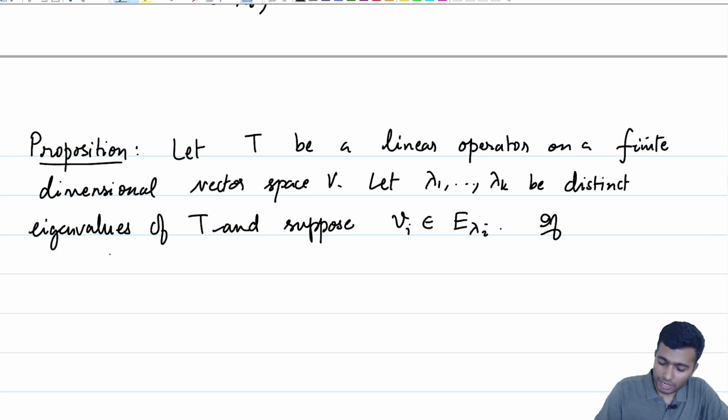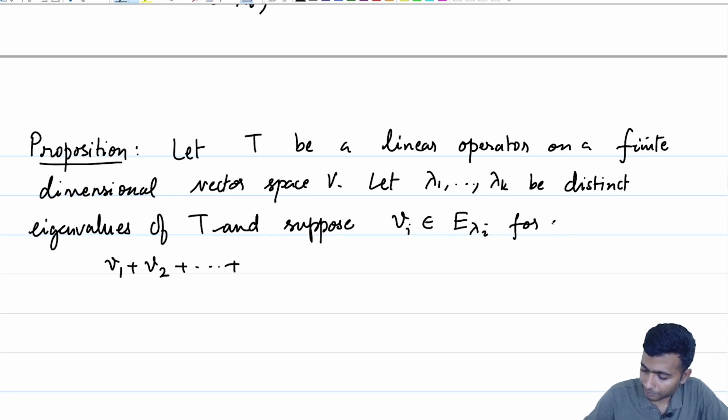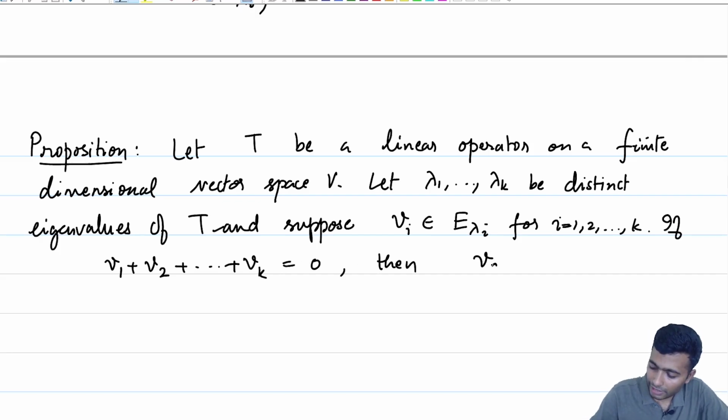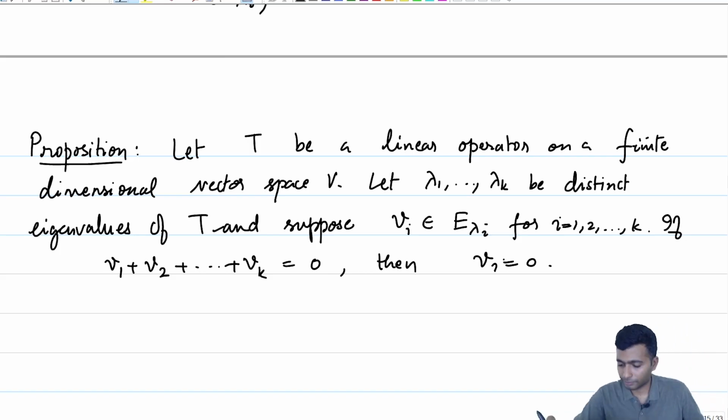Suppose V1 plus V2 up to Vk, for i equal to 1 to k, all add up to the 0 vector, then each Vi is necessarily equal to the 0 vector.